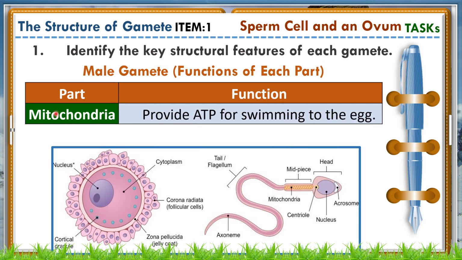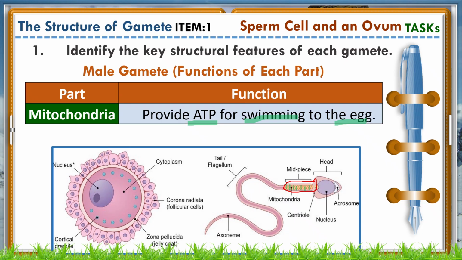Then we have another part, which is the mitochondria. The mitochondria, we are going to find them in the middle piece. In the middle piece, there are very many organelles which are called the mitochondria, and those ones are the ones that provide ATP or energy for swimming to the egg.